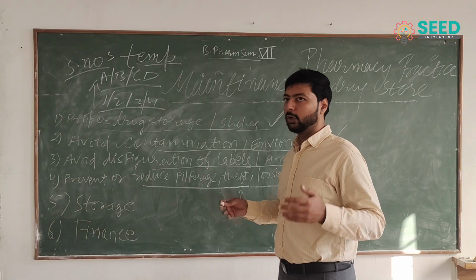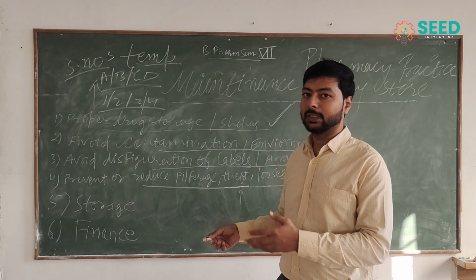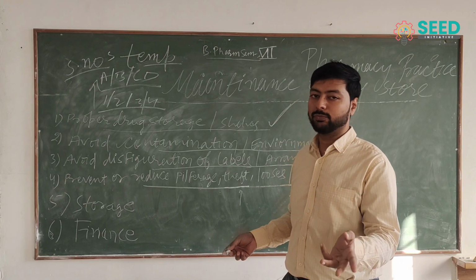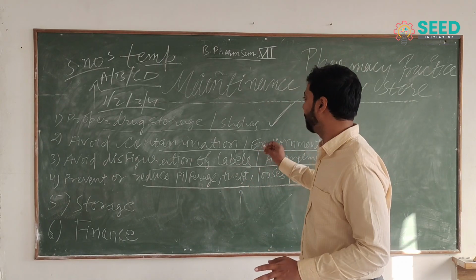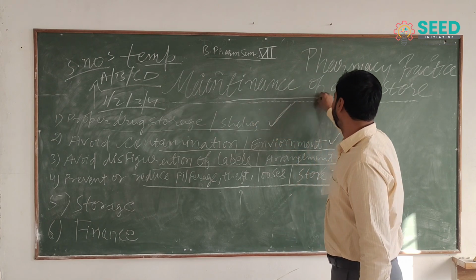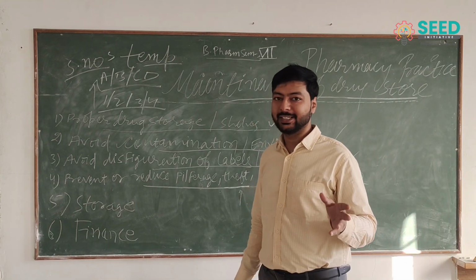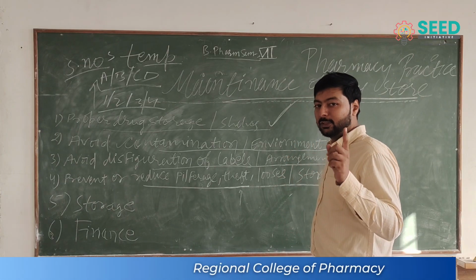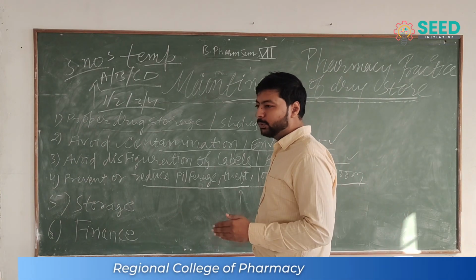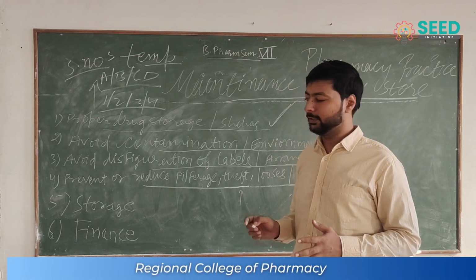And another 10,000 strips, for example, are near expiry, means 3-4 months. So just giving discounts is also part of maintenance of a drugstore. Reducing the losses is part of maintenance of a drugstore.